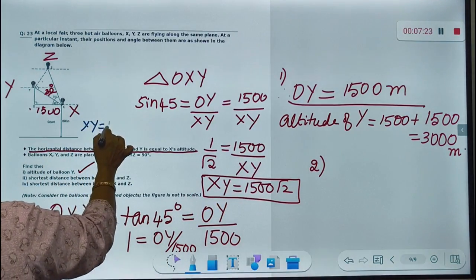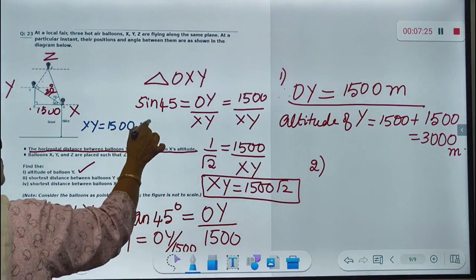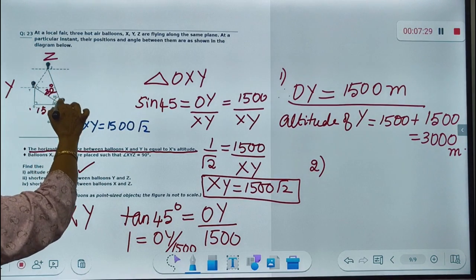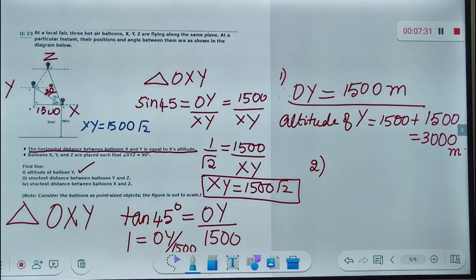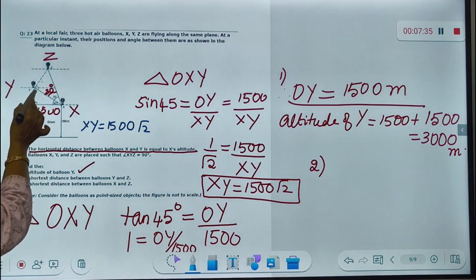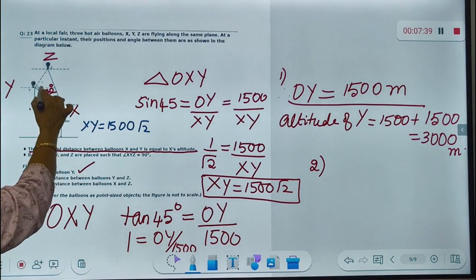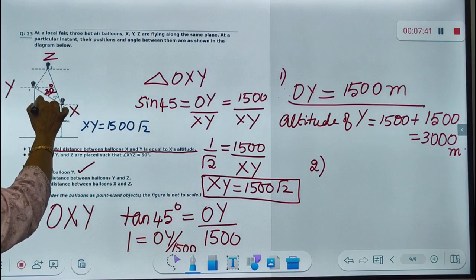XY is 1500 root 2. Okay, now in this triangle, this is 30, this is 90, therefore this is the hypotenuse. I need to connect these two.